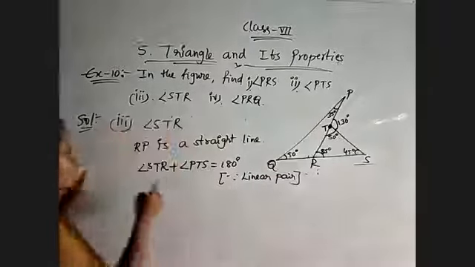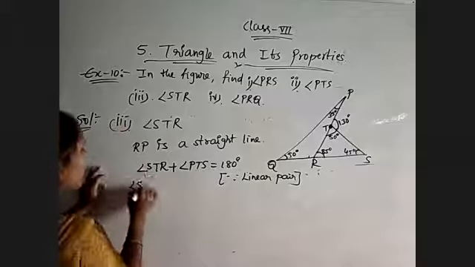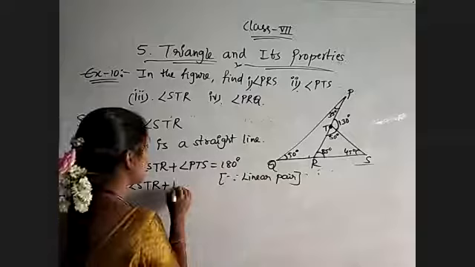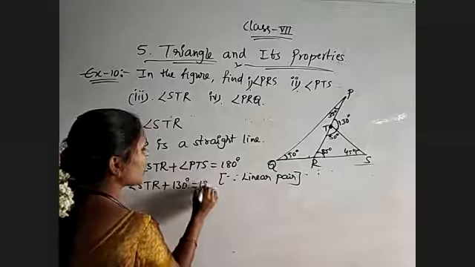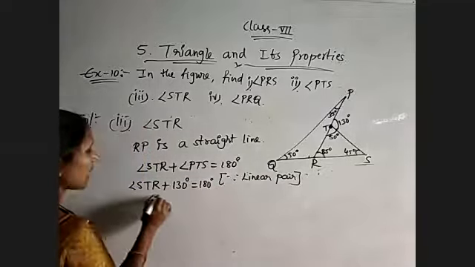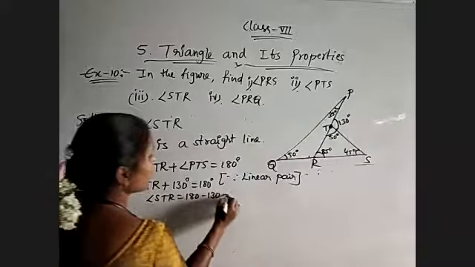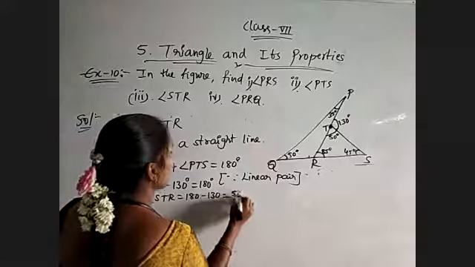Okay, so angle STR we need to find, and angle PTS we just got before, that is 130 degrees, is equal to 180. Then angle STR will be equal to 180 minus 130, which is nothing but 50 degrees.